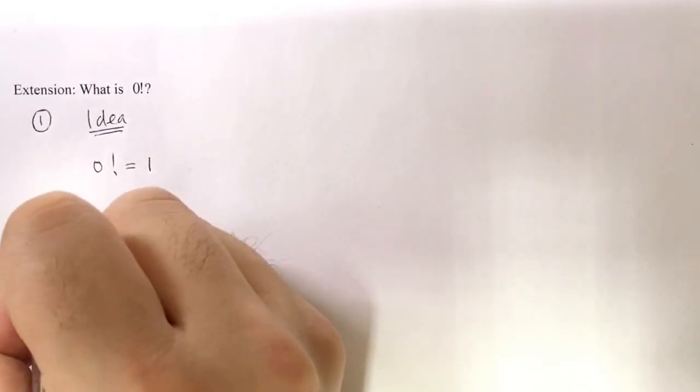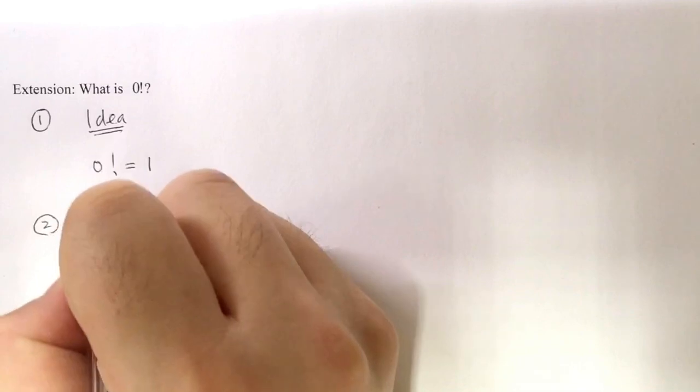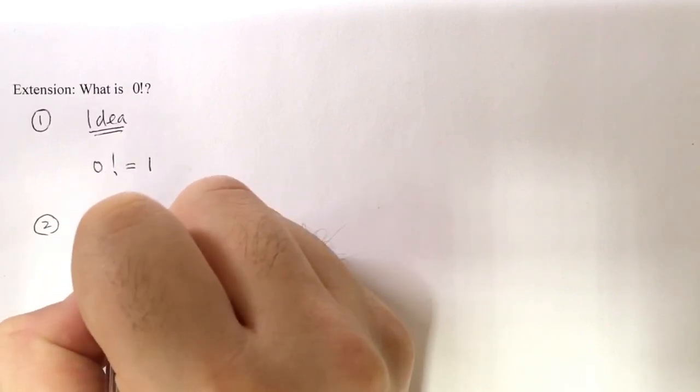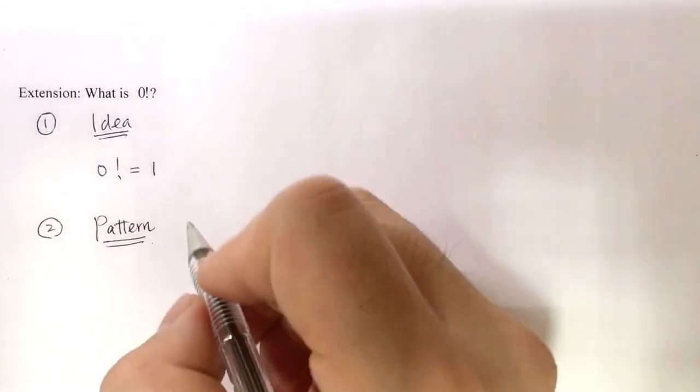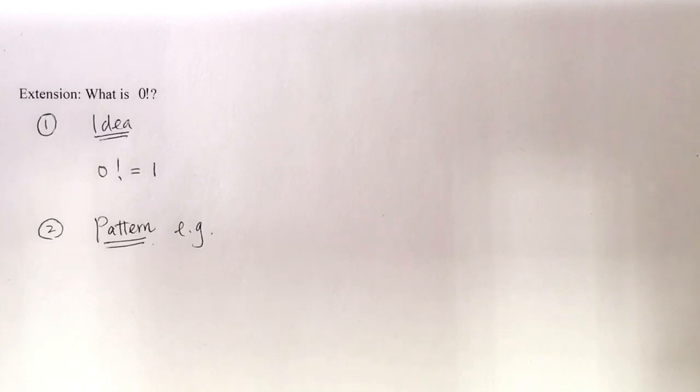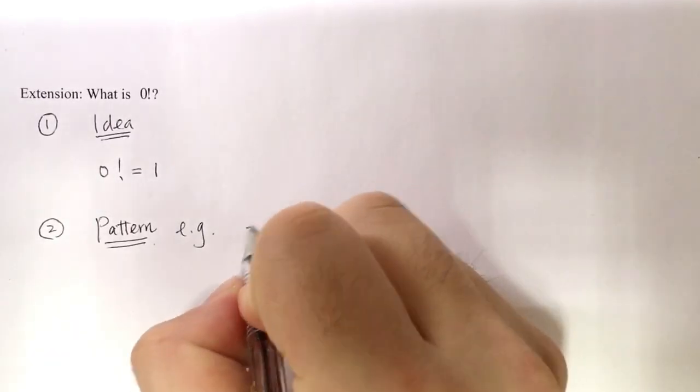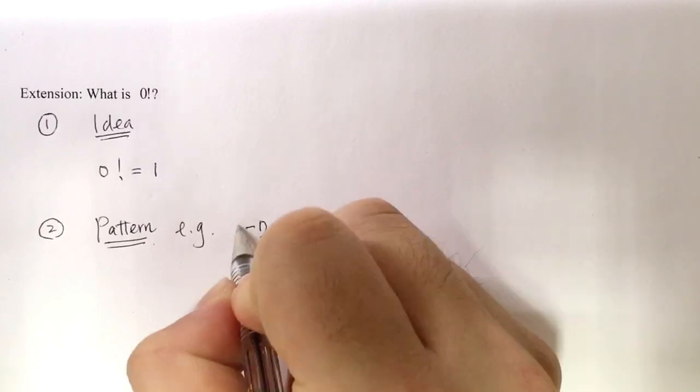Okay. The second way is to look for a pattern. In mathematics, we look for patterns to extend our ideas. Say for example, how do we know the product of two negative numbers is positive? We start from something like this.